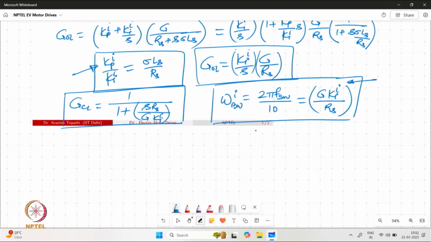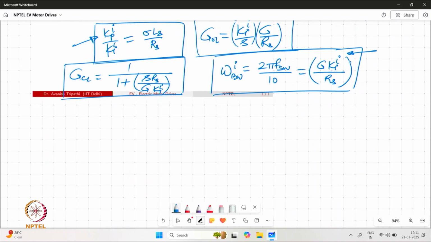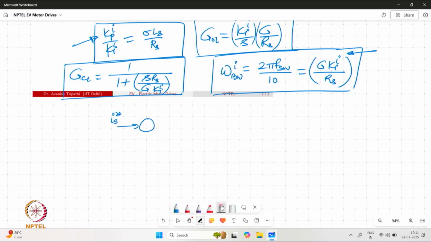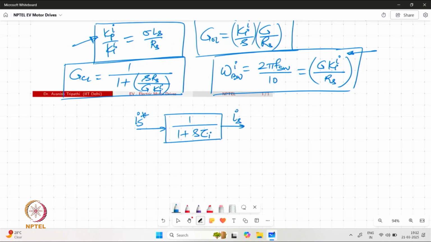Now, once we have plugged in the values of Kp and Ki, the current control loop eventually reduces to a first order system where we have the reference given for current and the output is following that reference, where tau_i is the inverse of omega_i.